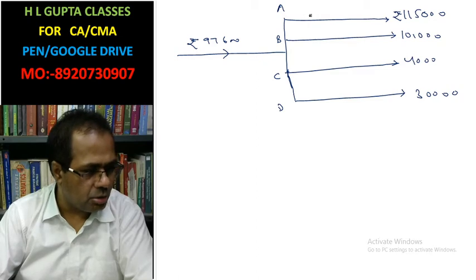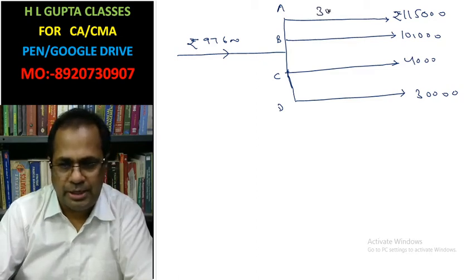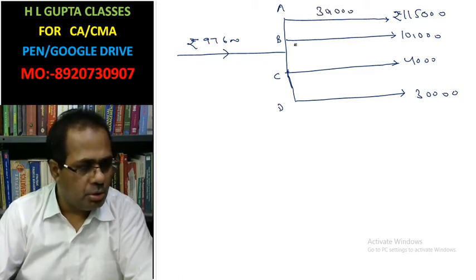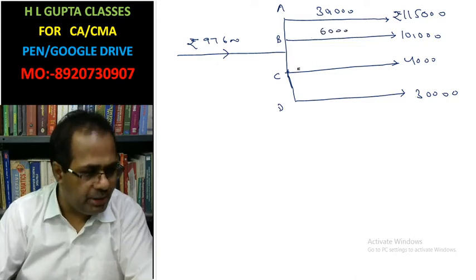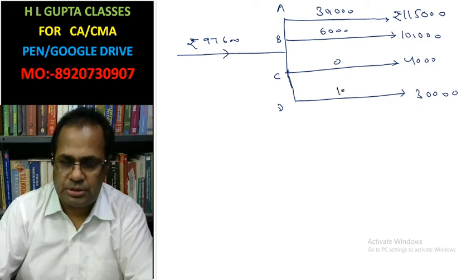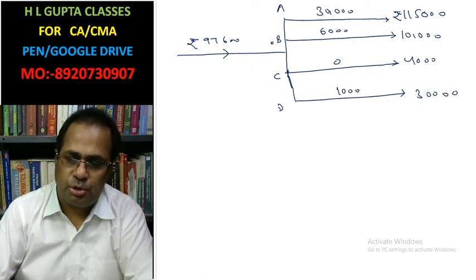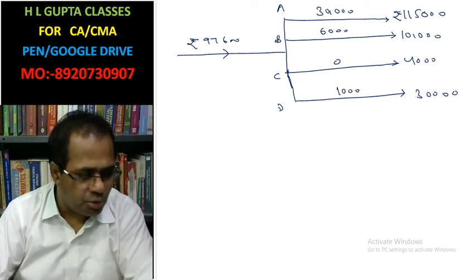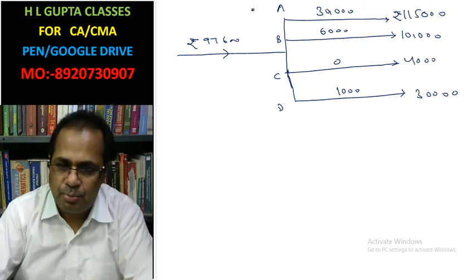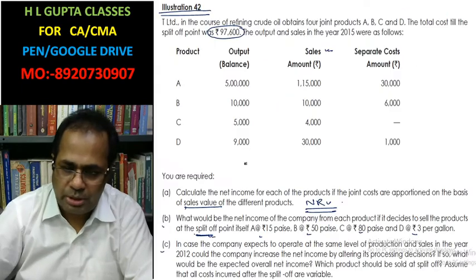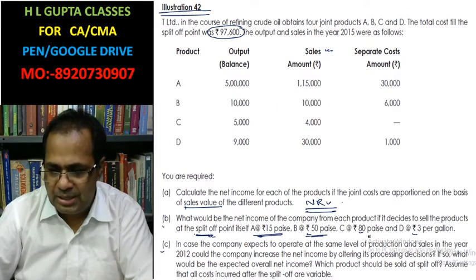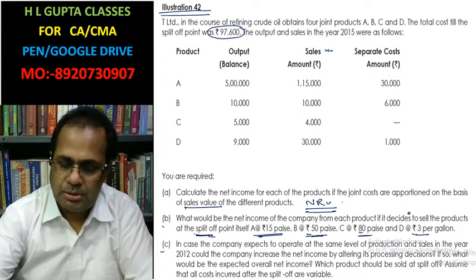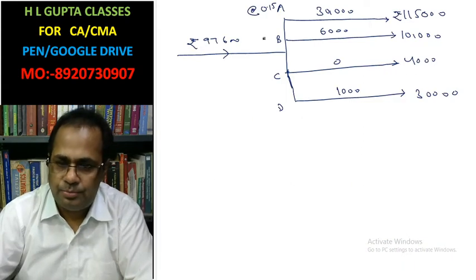Further processing cost is 30,000 for A, 6,000 for B, 0 for C, and 1,000 for D. These products are sold at the splitter point at the rates of 0.15, 0.50, 0.80, and 3 rupees.